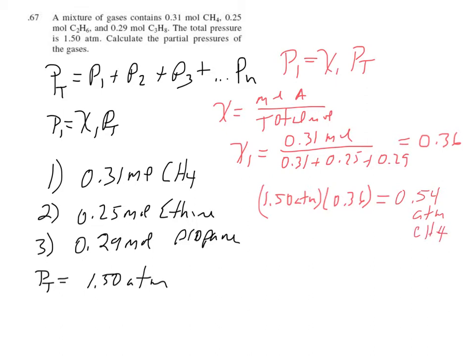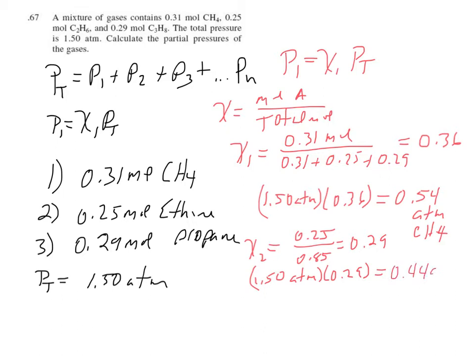Now we're going to follow suit with ethane and propane. So chi2 is going to equal 0.25 over 0.85. So chi2 has a value of 0.29. And we're going to multiply that times our 1.50 atmospheres times 0.29, and that gives us 0.44 atmospheres for the ethane, C2H6.